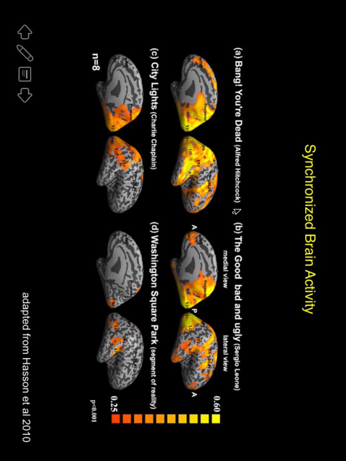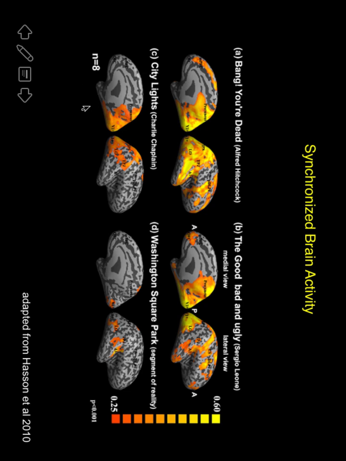In particular, it activated a lot of social areas, suggesting that the subjects all followed the movie in the same way, interpreting it in the same way, looking at the same faces and really grasping the meaning of the movie. A similar thing happens with The Good, the Bad, and the Ugly. It's not quite as broad a cortex, but social areas like TPJ, precuneus, and some medial prefrontal cortex are activated.